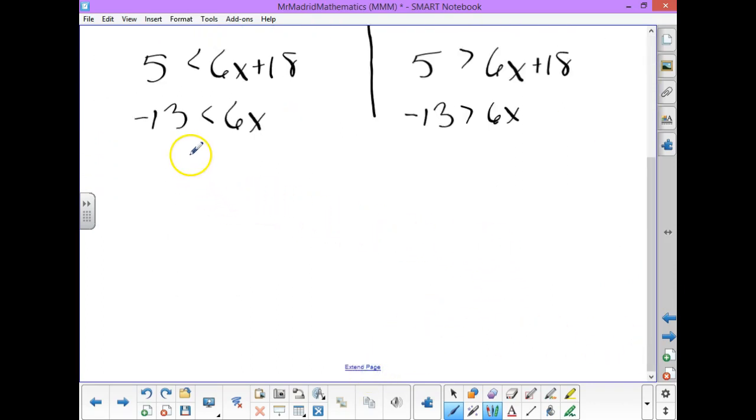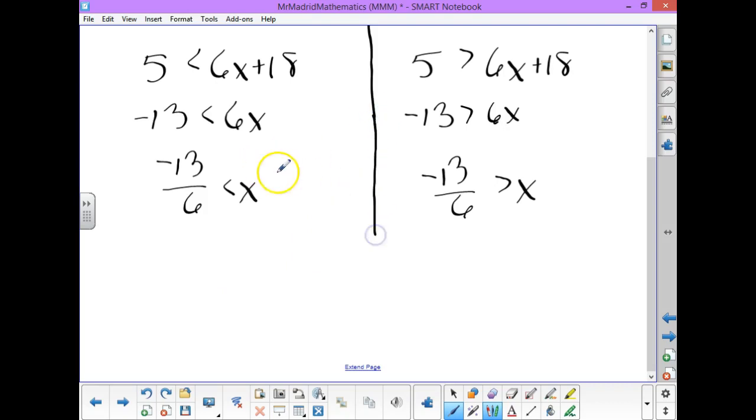And I would divide by 6, so there's that expression. I'm working them side by side so that you can really see that this is simple, especially since you're just duplicating your efforts.